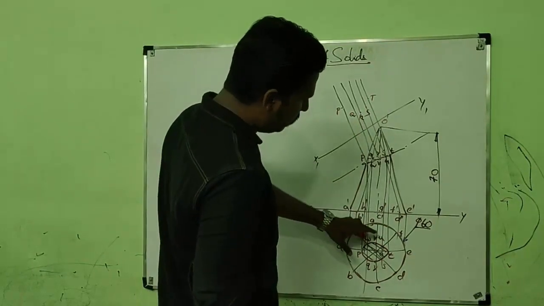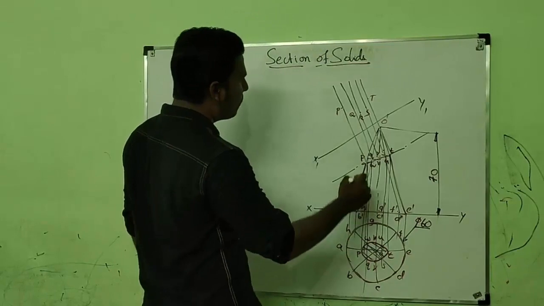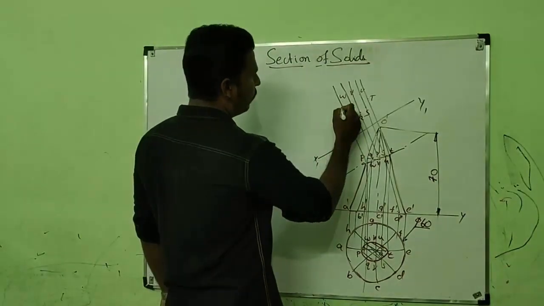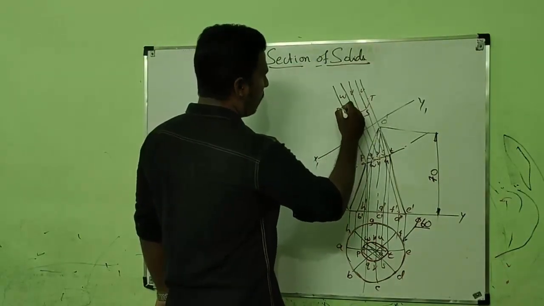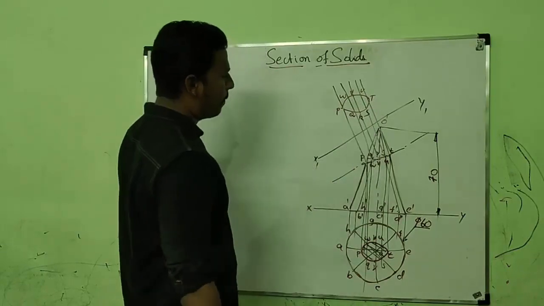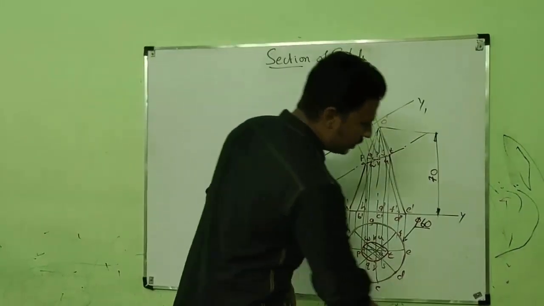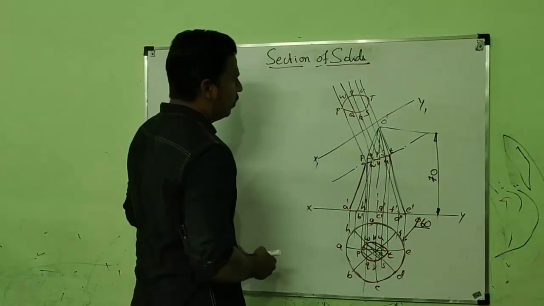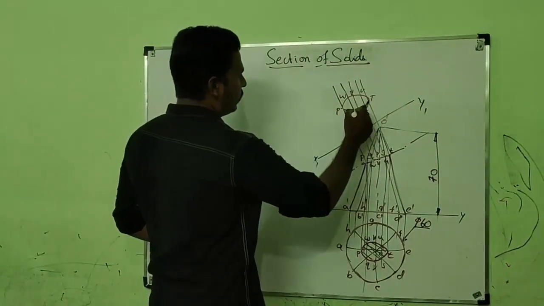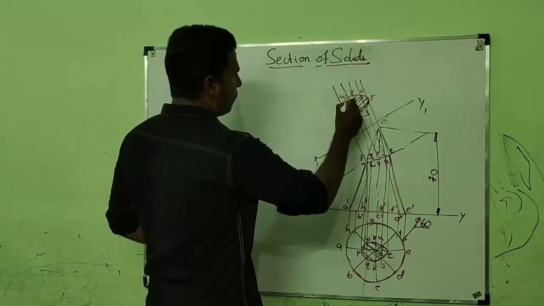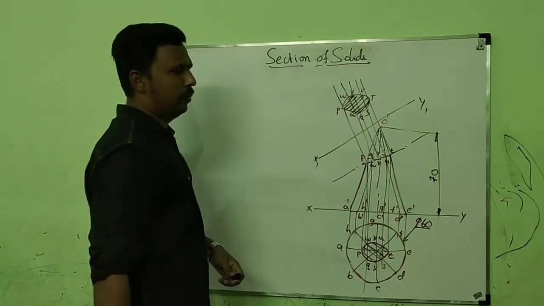Similarly, mark all the points U, V and W. So now we have an enclosed shape here. This will be the true shape of the section. It should be hatched. That's all. Thank you.